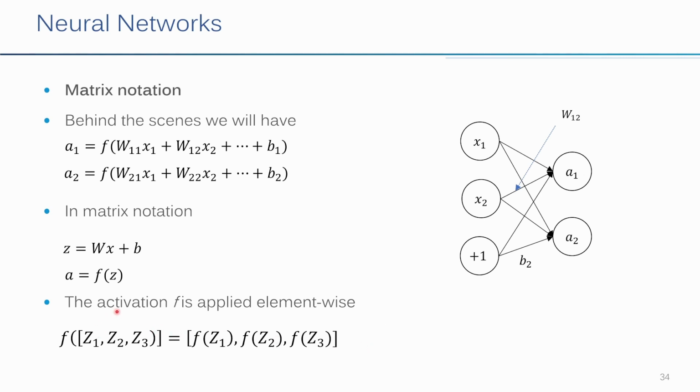Needless to say, the activation function that we apply to those nodes happens in an element-wise manner. So it will happen for Z1, which represents X1, W11, Z2, which is 1, 2, X2, and so on and so forth. Okay?